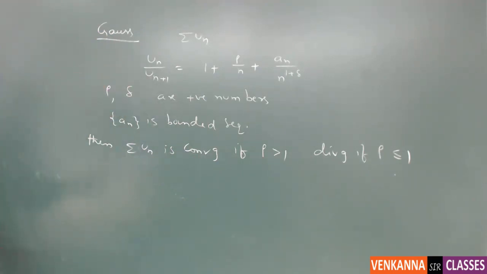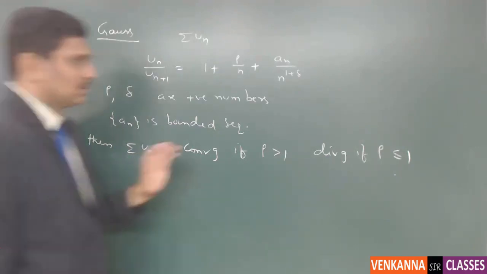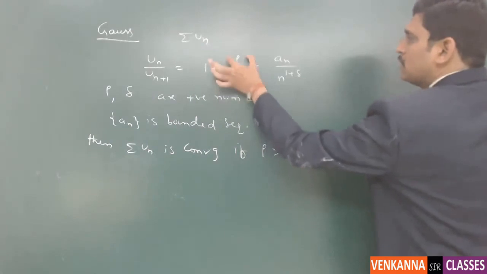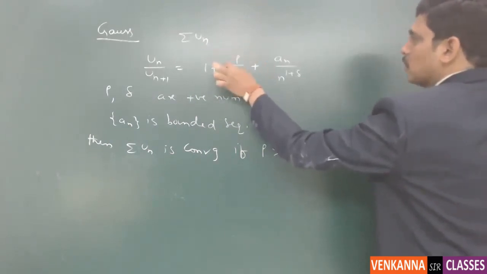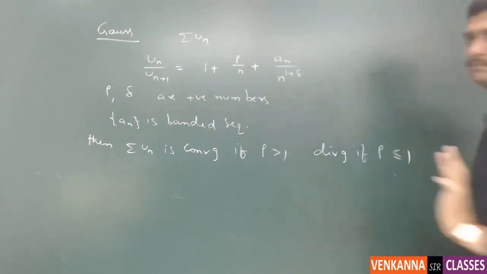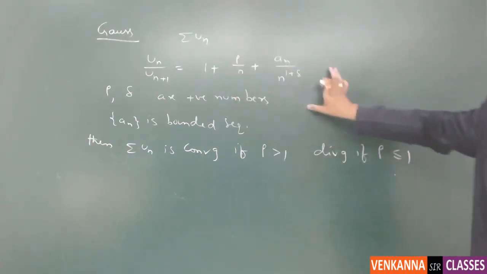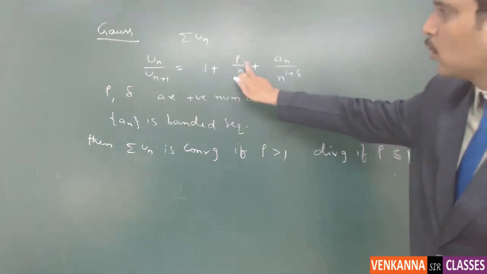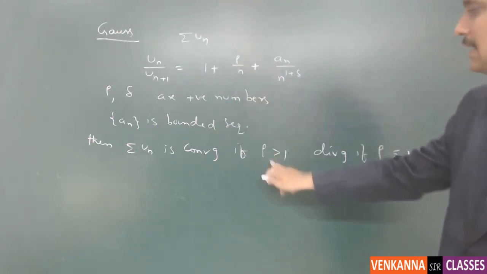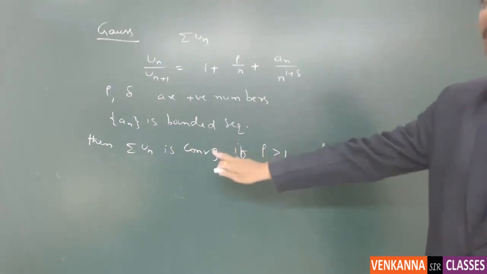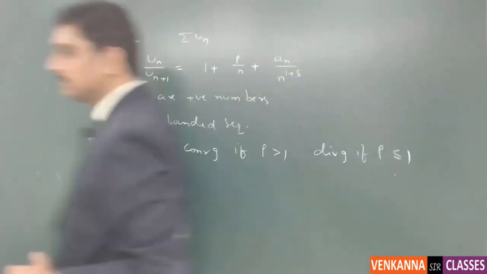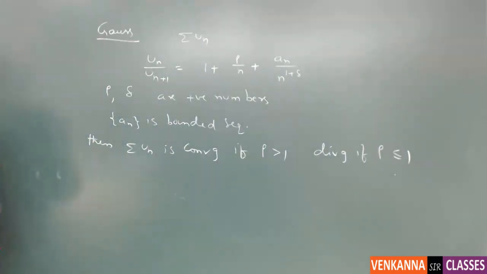In that expansion, you should have the compulsory terms as 1 plus 1 by n into some number, I am calling it rho, plus 1 by n power something into some number. If this form is there, you are taking the coefficient of 1 by n. If the coefficient of 1 by n is greater than 1, we are saying that it is convergent, otherwise it is divergent. Okay? That is the whole idea for Gauss test.